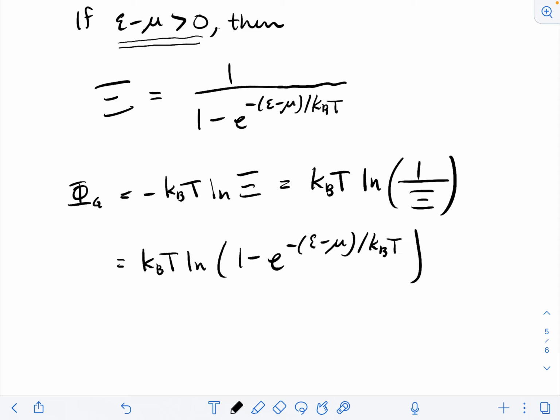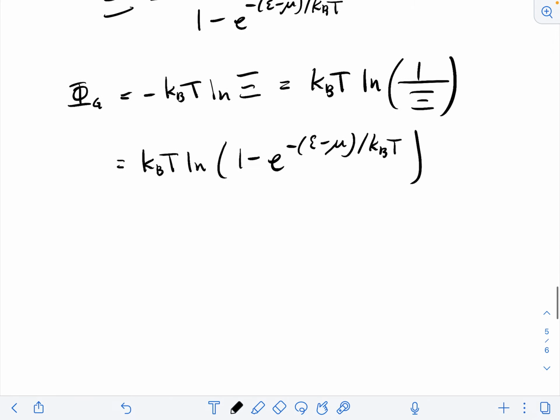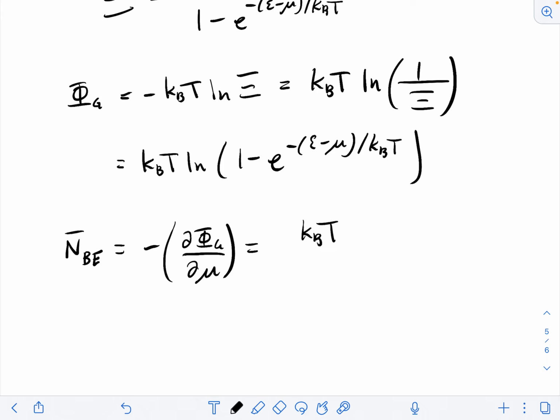Now, just like we did for the fermion case, we can calculate the Bose-Einstein distribution function using minus the derivative of the grand potential with respect to the chemical potential. Okay, and so let's see, we're going to get kBT, and then we should end up with a minus sign out front from this minus sign, and what we can do then is do the chain rule.